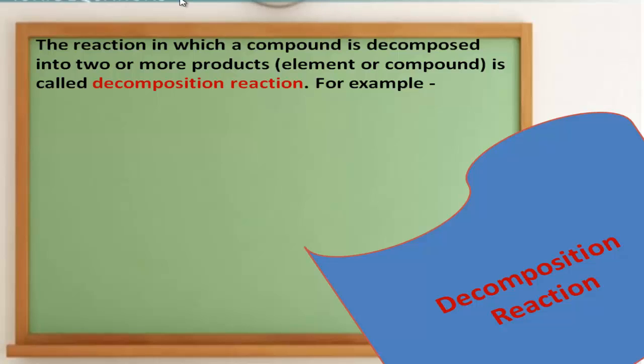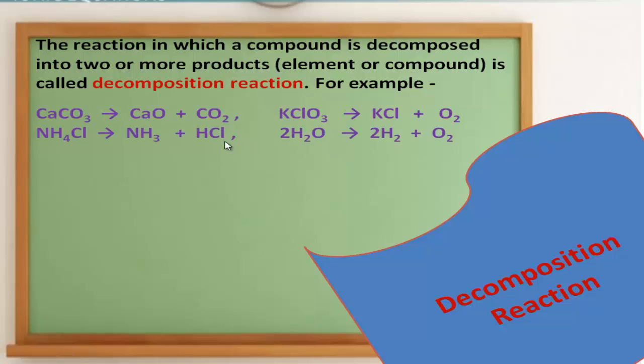But here, according to the definition, the reactant is always one, in which a compound is decomposed. So the reactant is fixed at one, but products may be two or more, and there may also be elements or compounds. Let's follow the examples.